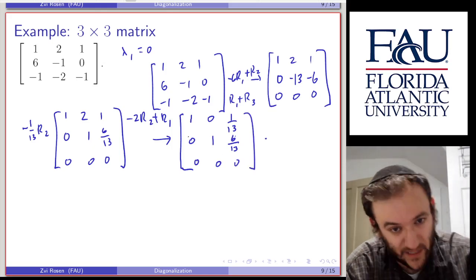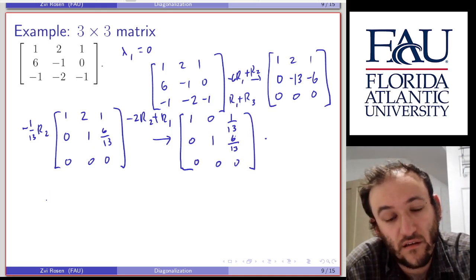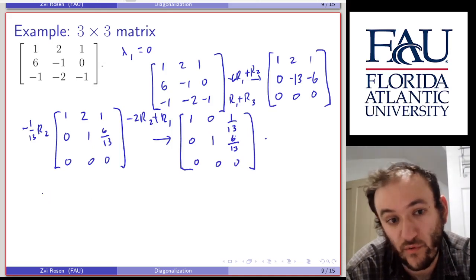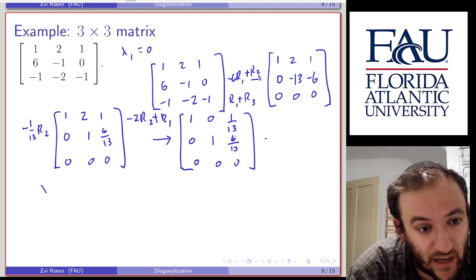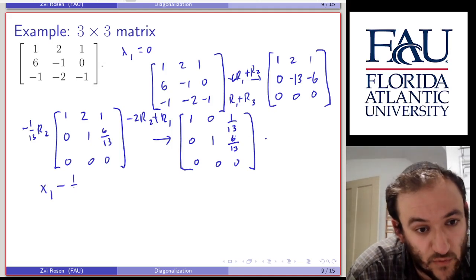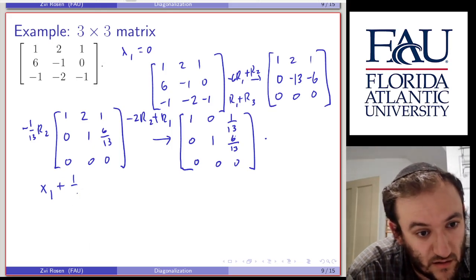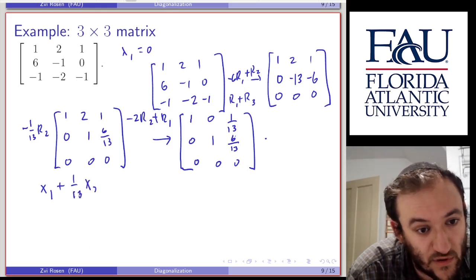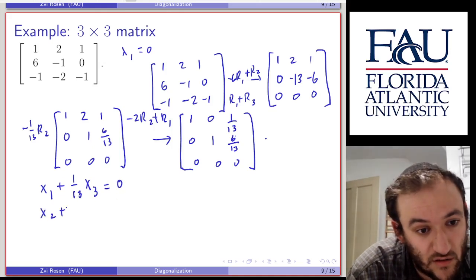What this means is that we have a one-dimensional kernel, one vector in the kernel of this matrix, given by x1 plus 1/13 x3 equals 0 and x2 plus 6/13 x3 equals 0.